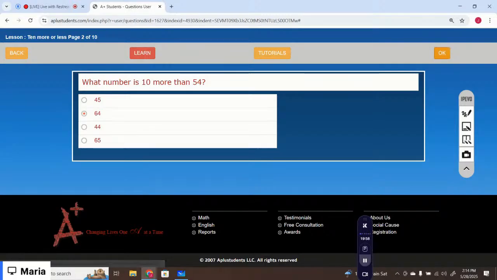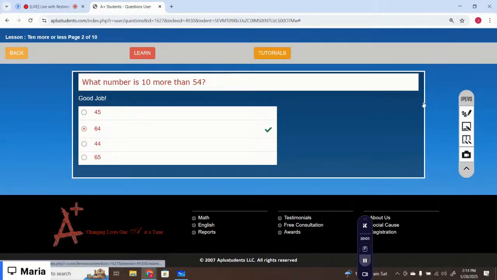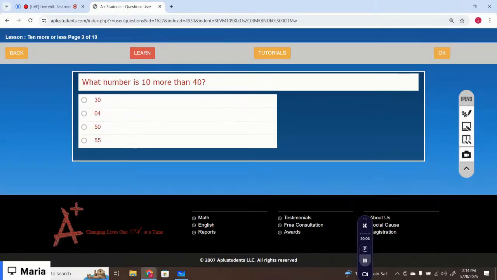Option 2 is the correct option. Which number is 10 more than 40?